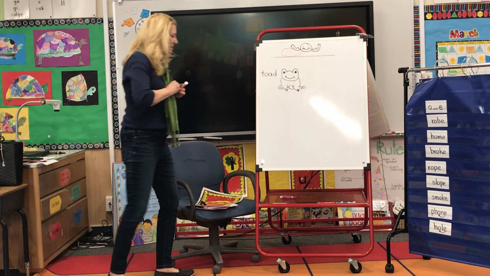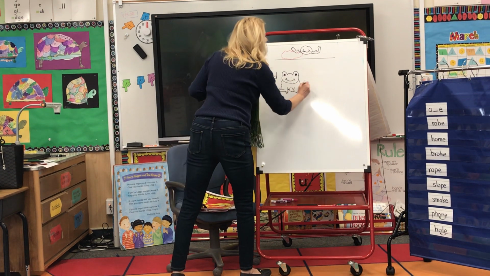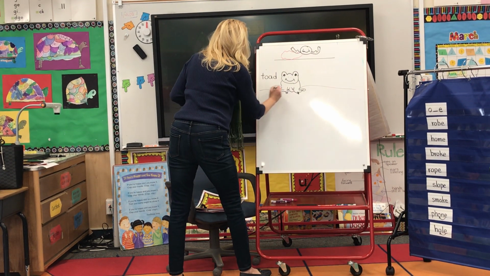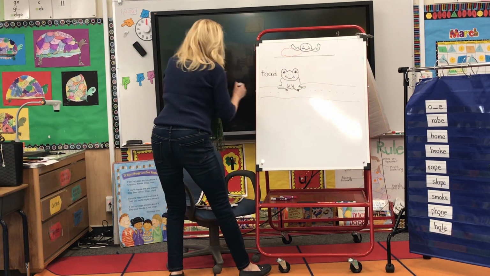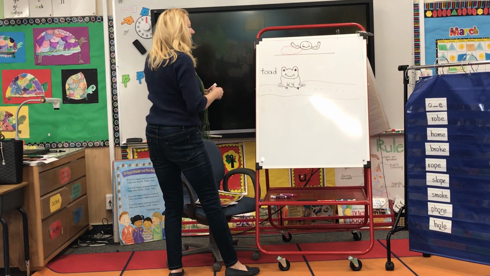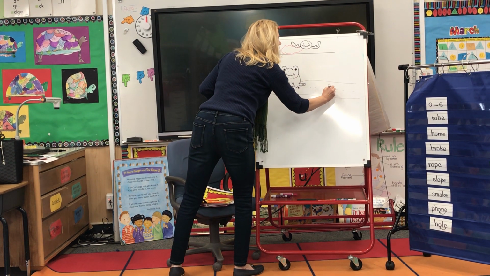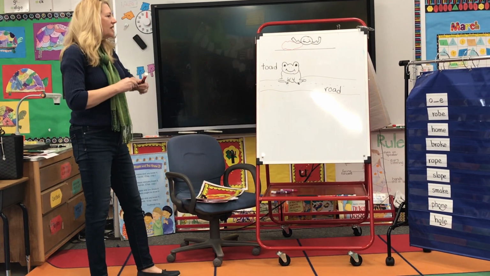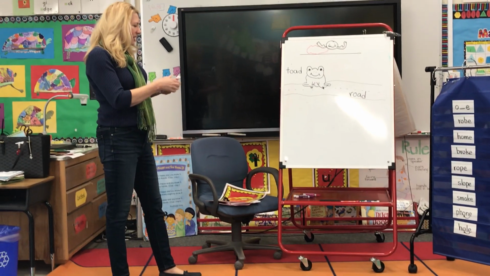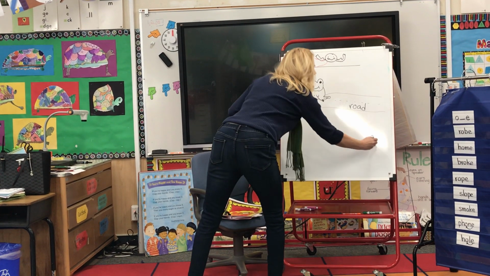And I think I'm going to put the toad sitting on a road. So I'm just going to draw a road right here. And I'm going to write the word road inside. Now toad is wanting to go home, but his home is kind of far away. So I think I'll put his home way down here in the distance.